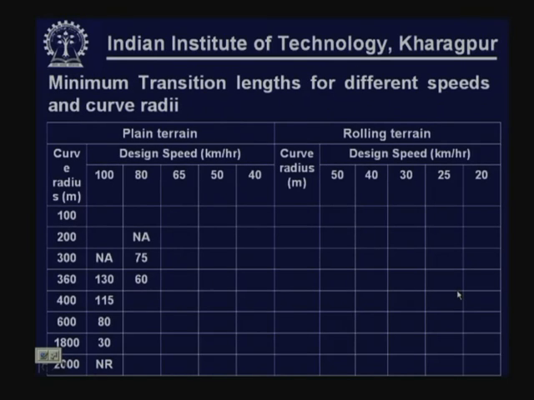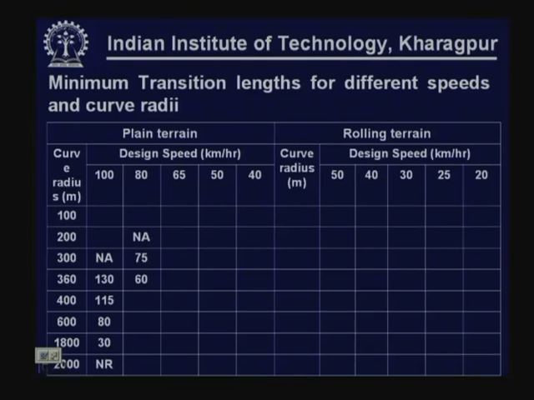Now, we have seen that the transition length depends on the design speed, as it was evident in that equation, how we have calculated the length of the transition curve. It also depends on the circular curve radius, and also because the acceptable values of rate of change of super elevation are 1 in 150 for plain terrain and 1 in 60 for mountainous terrain.